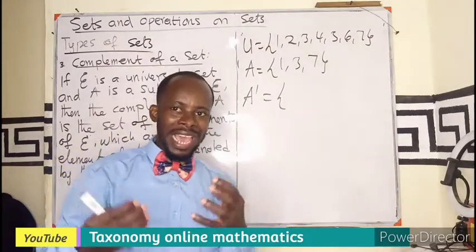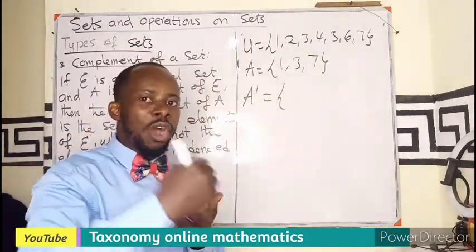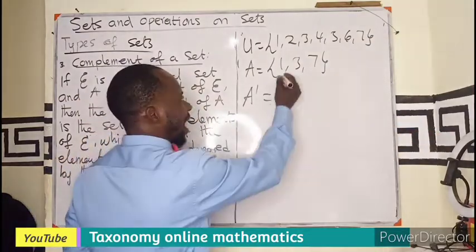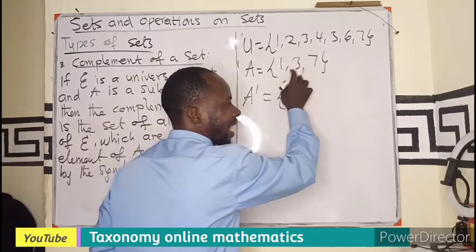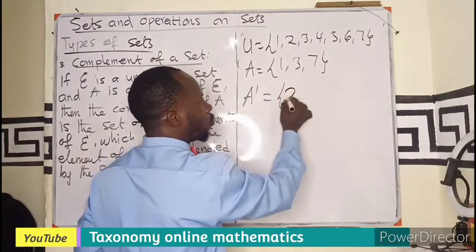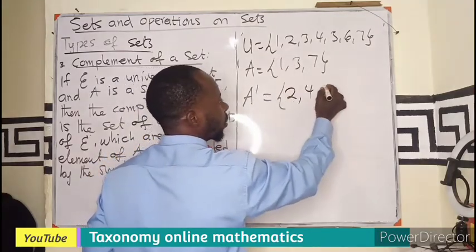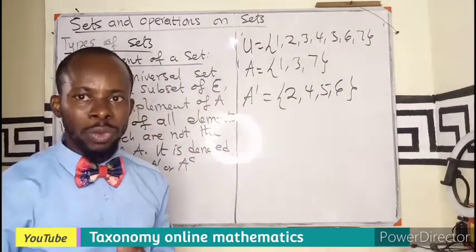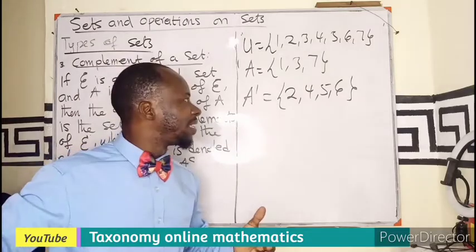Because the set A is a subset, it's a family of sets of the universal set. So the elements that are supposed to be here, that are not here, will be 2, 4, 5, 6. These are the elements which we call the complement of the set A.